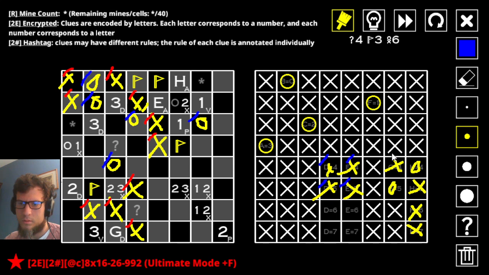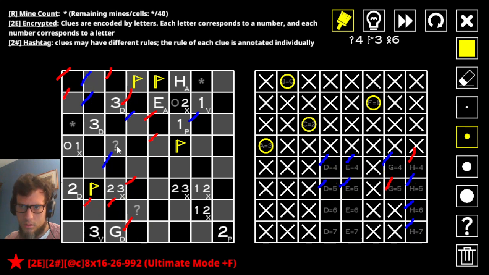Okay. There we go. What? That's not what I wanted. I wanted to erase the yellow, not the red. Hello? On yellow, click the mouse wheel.